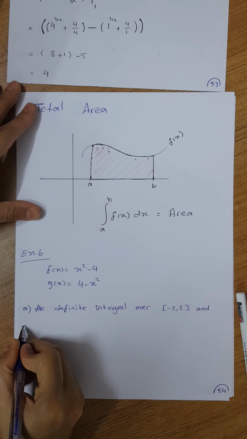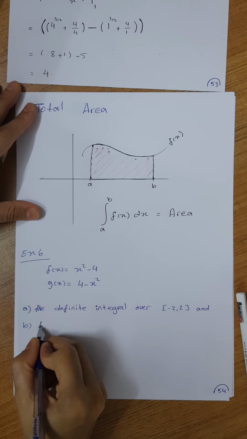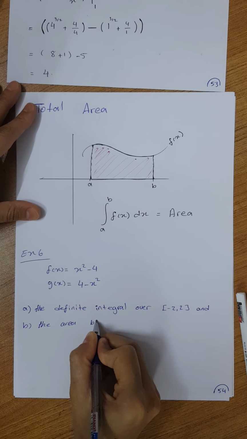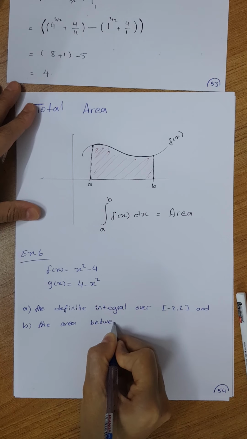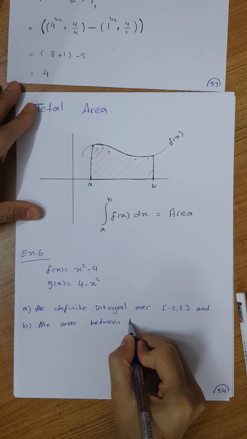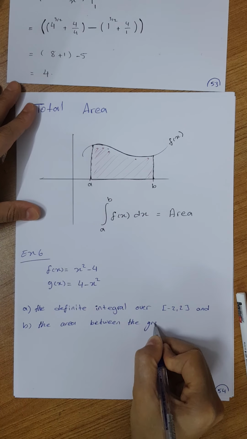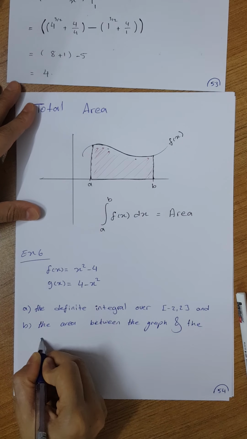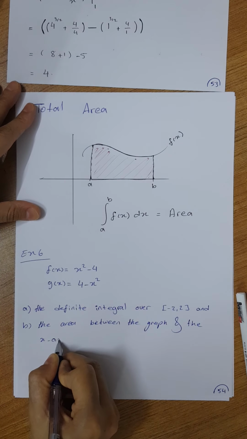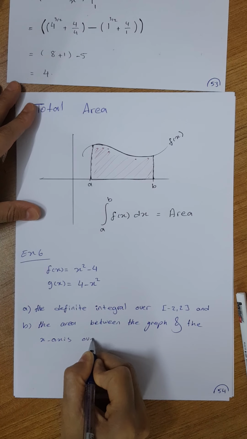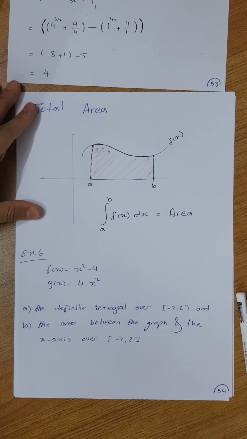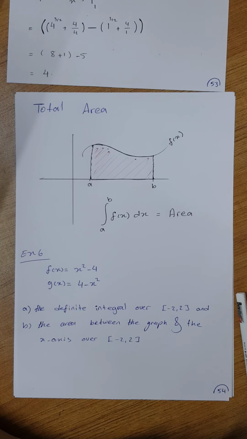And part B says find the area between the graph and the x-axis over the interval negative 2 to 2. So it has got two requirements.